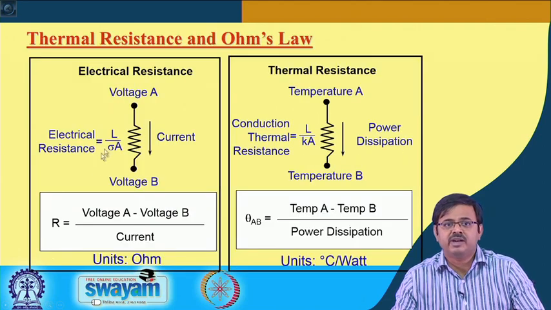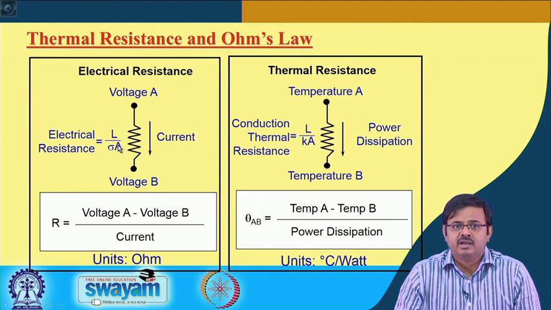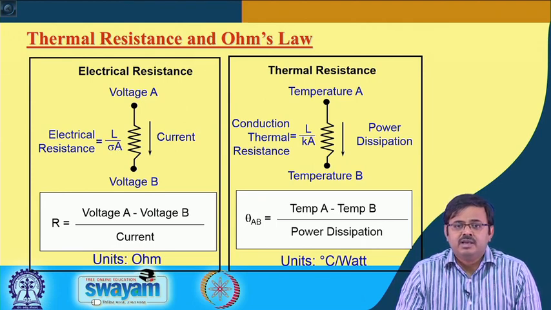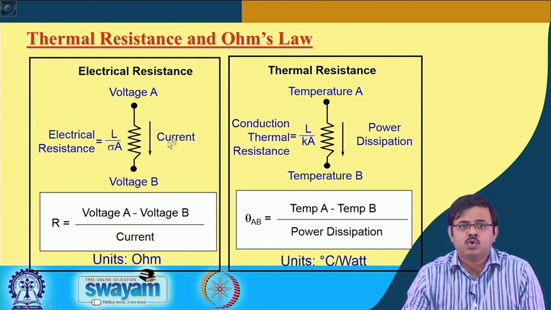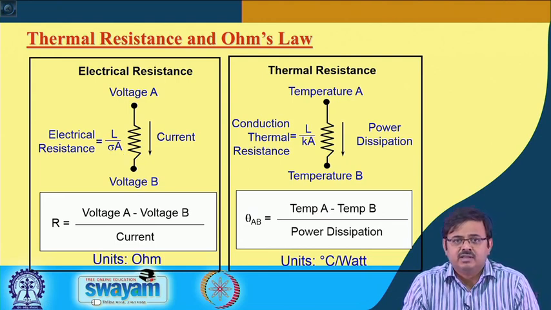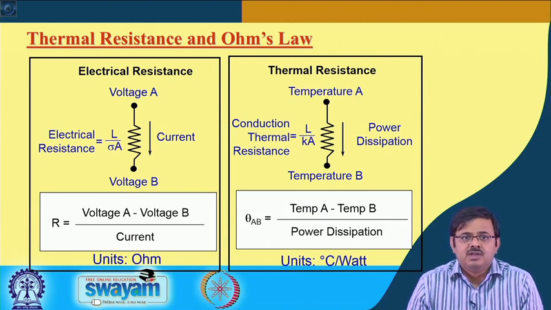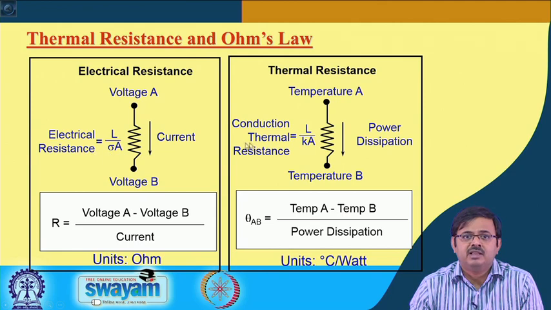And what is the expression of electrical resistance? It is L over sigma A, or rho L over A, where sigma is the electrical conductivity and rho is the electrical resistivity. So, look at the analogy: L over sigma A, L over K A, electrical conductivity, thermal conductivity.